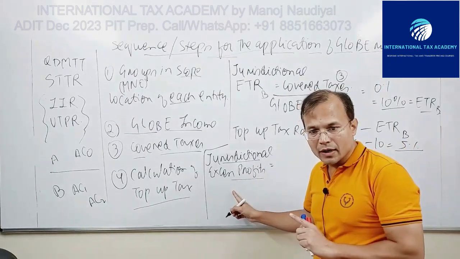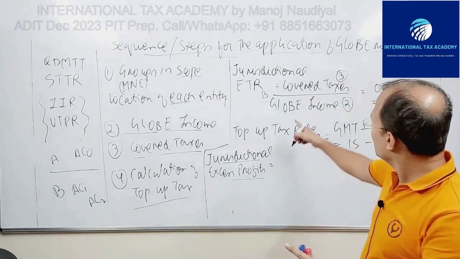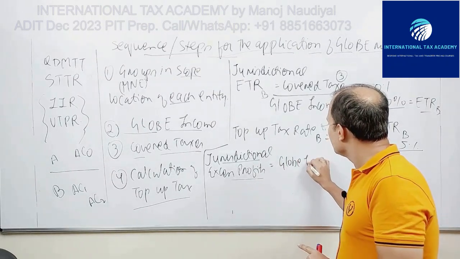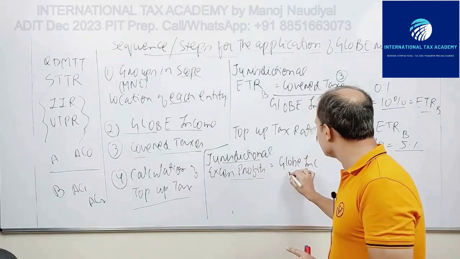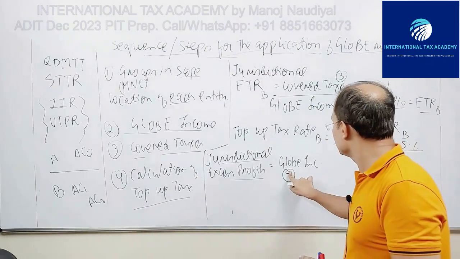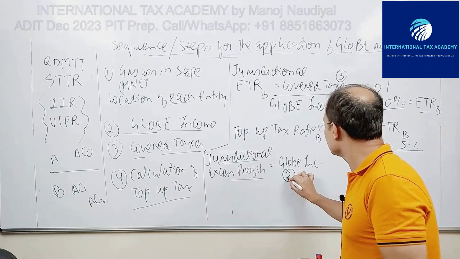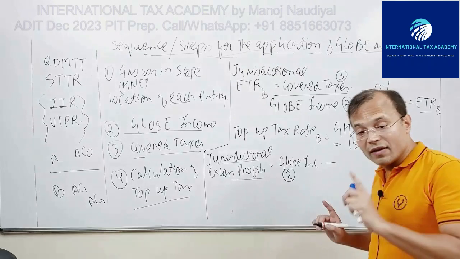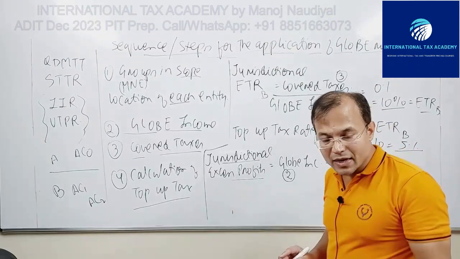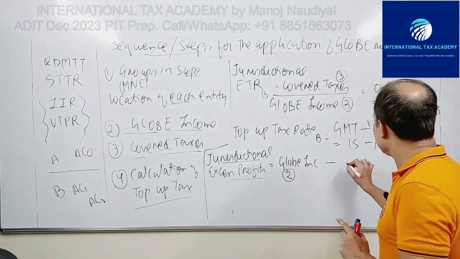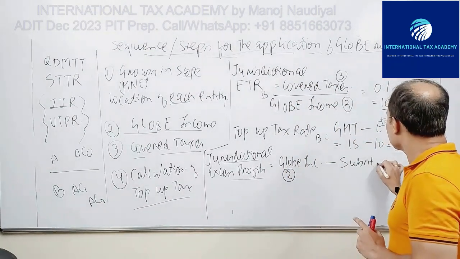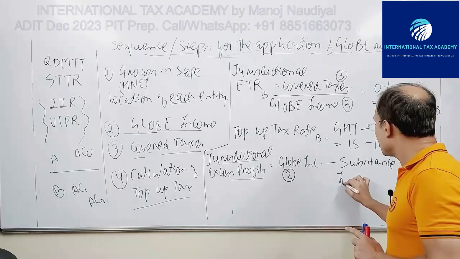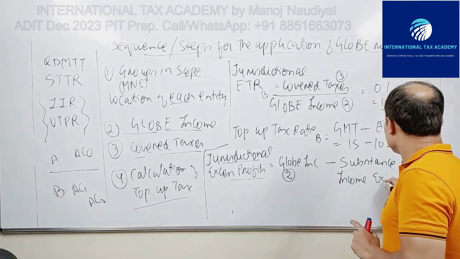Jurisdictional excess profit is equal to the GLoBE income that you have calculated minus, very important, minus substance based income exclusions.